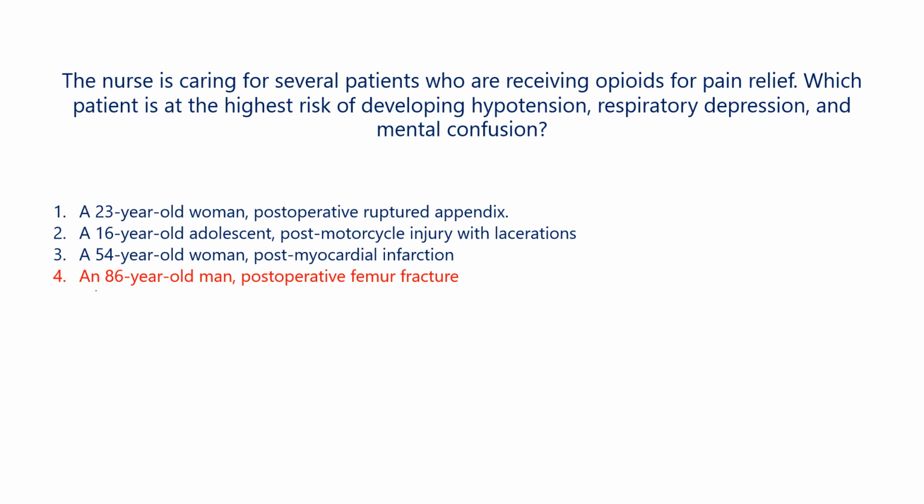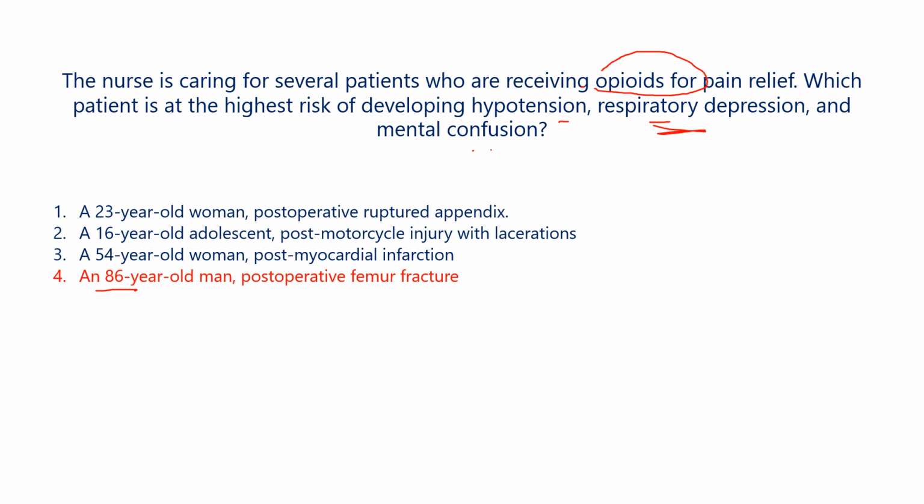Now, it's not just the age here. Age is one factor, by the way. So we are dealing with hypotension, respiratory depression, and mental confusion. And this person is taking, well, all of them are taking actually opioids. So pretty much all patients were actually at risk of respiratory depression, if you will, right?